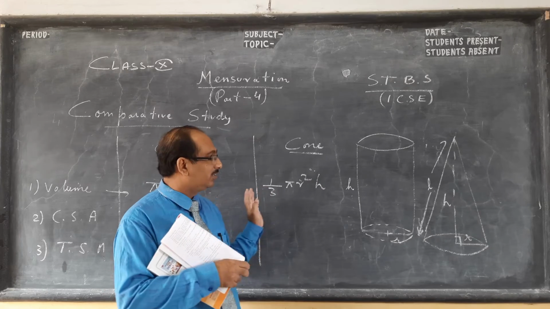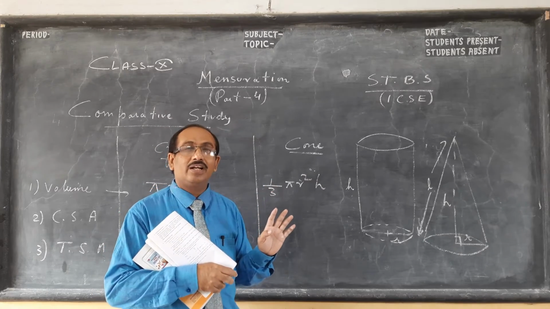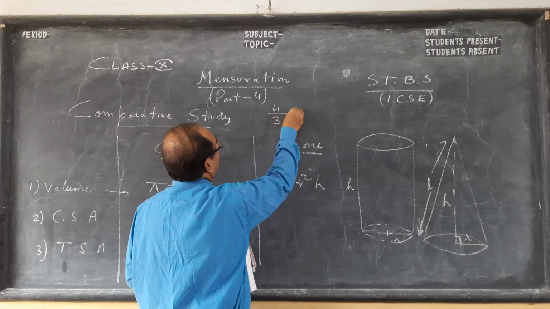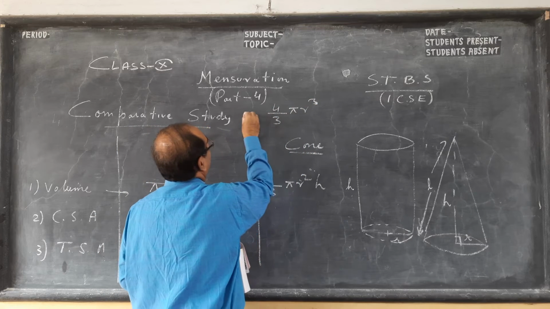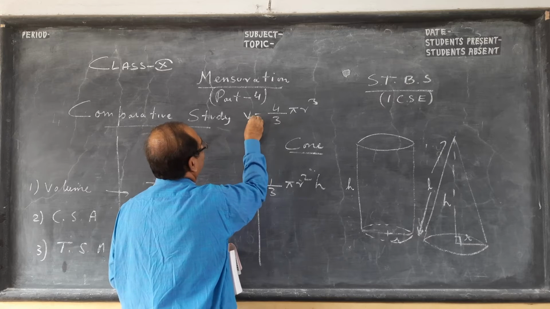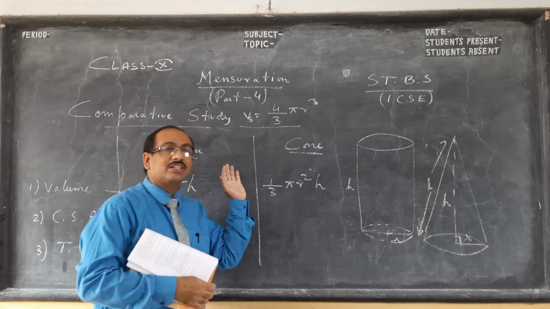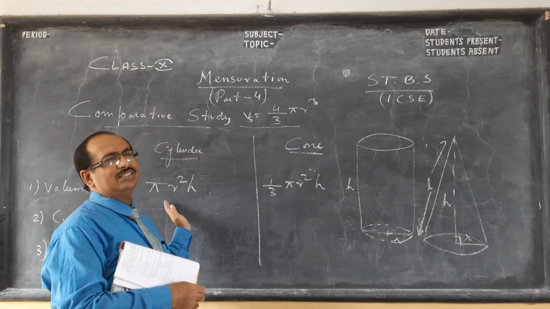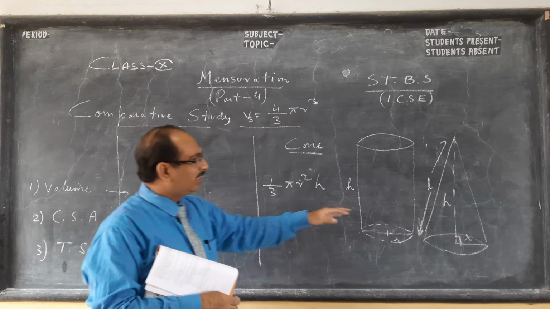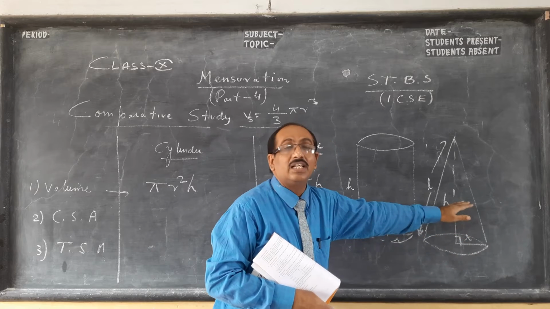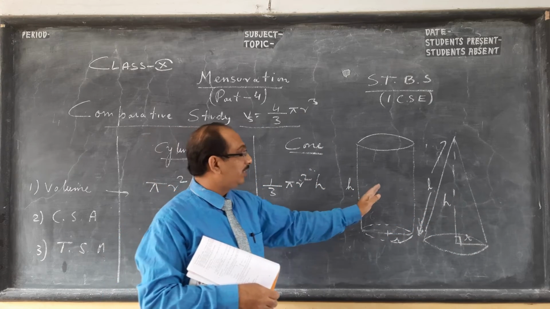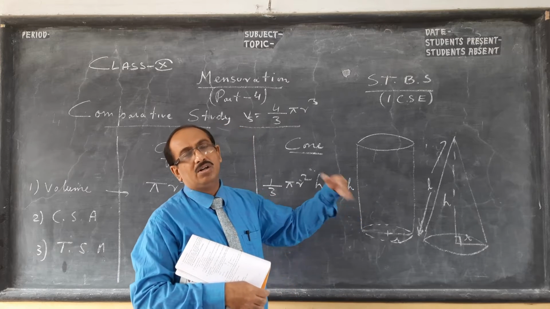That's why you will see this in conversion questions, melting and recasting, because the formula of sphere, if I remember, is 4/3 pi r cube. This is the volume of sphere. So this conversion was there with sphere, because here it's very easy. 1 will give you 3. But if you change the radius and the height, then you will have a different number of cones when you melt a cylinder, or vice versa.